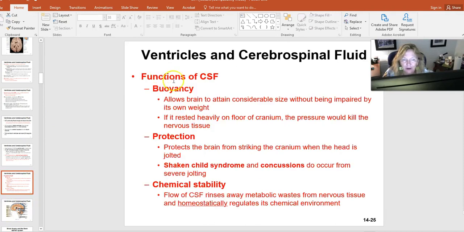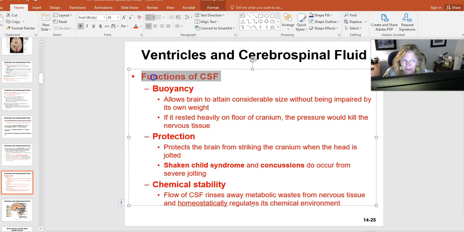What I'd like you to know is what the functions of it are, and there are important functions. The buoyancy means that it is essentially floating your brain, protecting it. You don't want the brain resting on any hard structures because the nervous tissue would then end up dying. So it really is floating your brain.